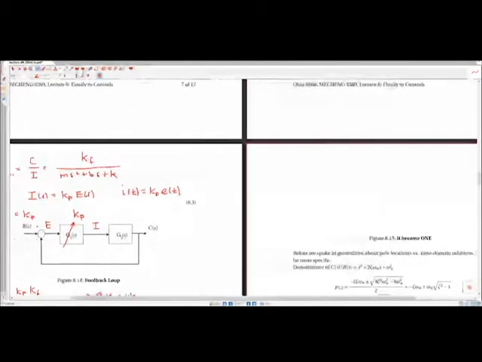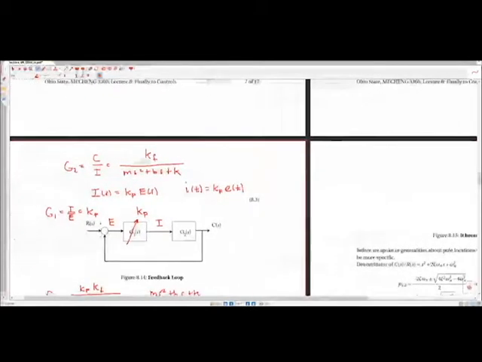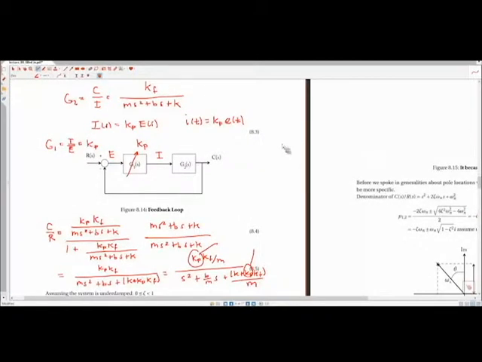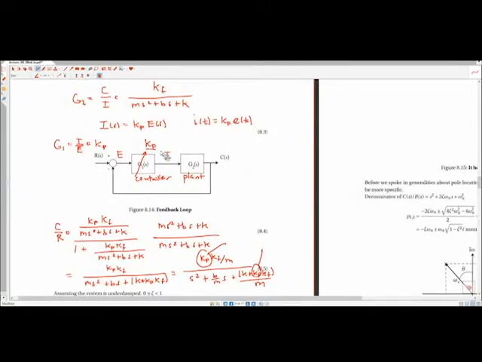And so we started to look at this from a Laplace transform point of view: how does this system behave when we put this mass spring damper, represented by what we call the plant, in a feedback loop with a controller, the really simple controller Kp, where we subtract the actual position from the desired position to create our error.